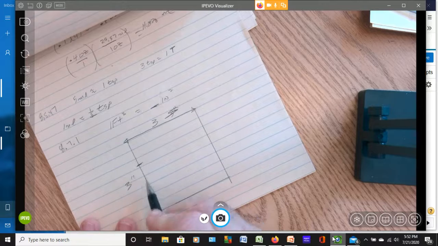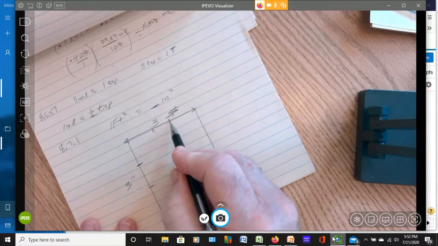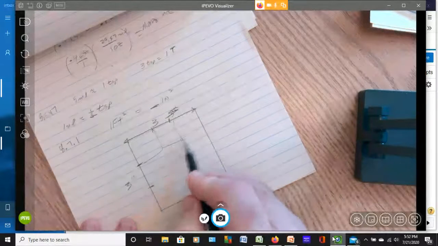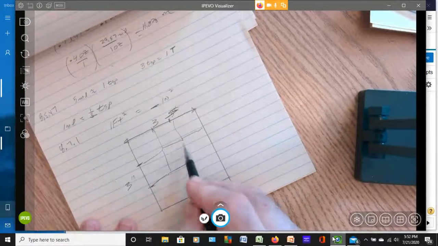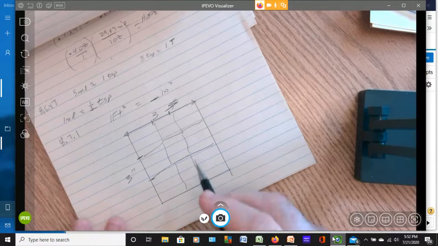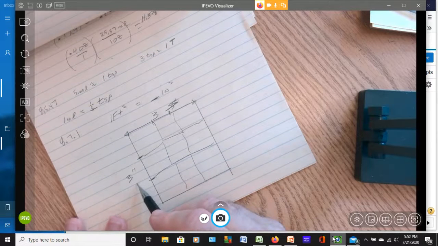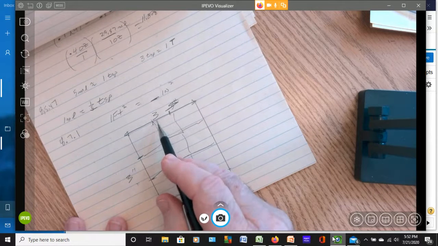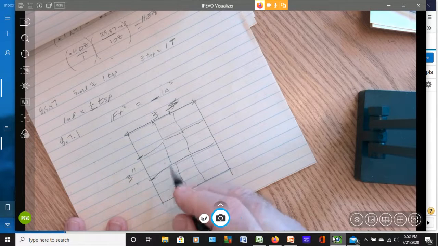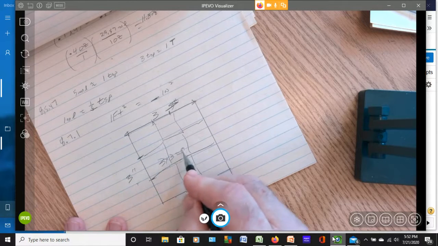It means that there's 1, 2, 3 inches everywhere, right? You see what I'm doing here? I'm drawing a little checkerboard, and it's not to scale, so don't criticize me too much. But I have 3 inches this way and 3 inches this way. So how many squares are in here? You can count them, can't you? 3 times 3 is 9.